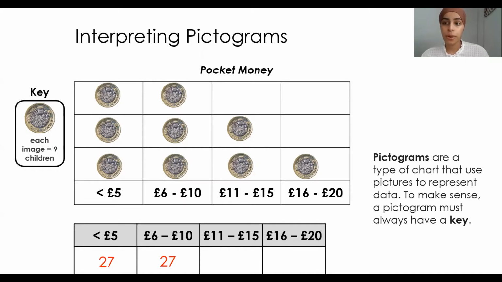So again, 2 multiplied by 9 is 18. So 18 children earn £11 to £15 of pocket money. And for that last one, we only have 1 coin. That doesn't mean that only 1 child earns 16 to £20. 9 children earn that amount, represented as that 1 coin. So that means that there are 9 children that earn that amount.